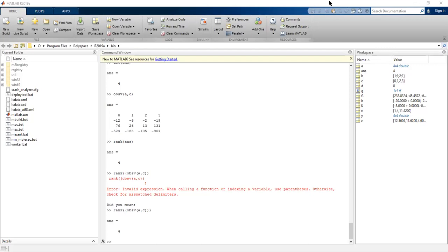So you have to determine whether it is observable and controllable before you attempt to use MATLAB to work out anything with any kind of control.